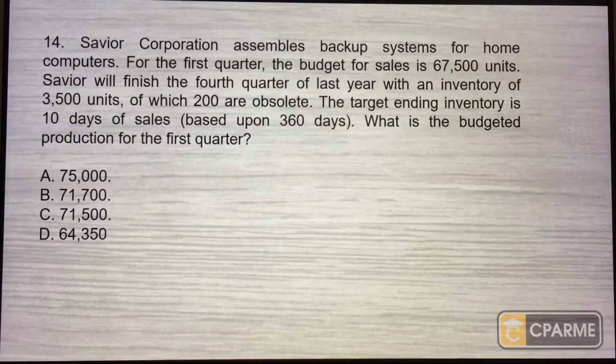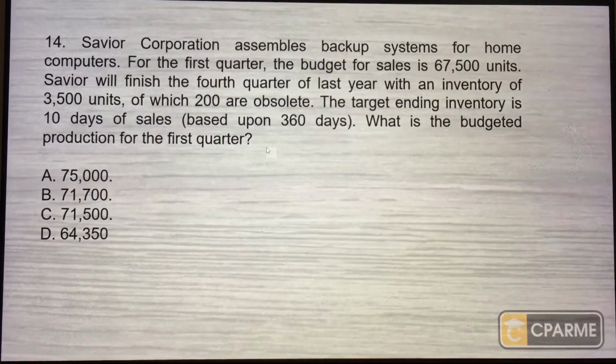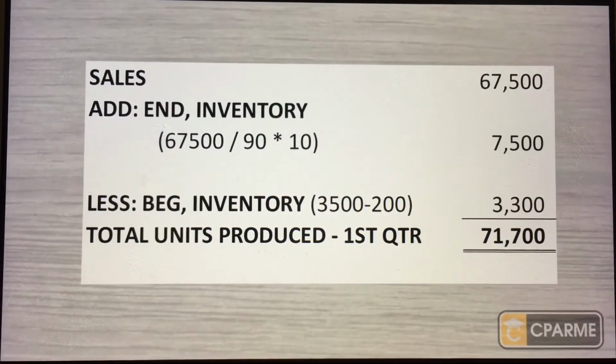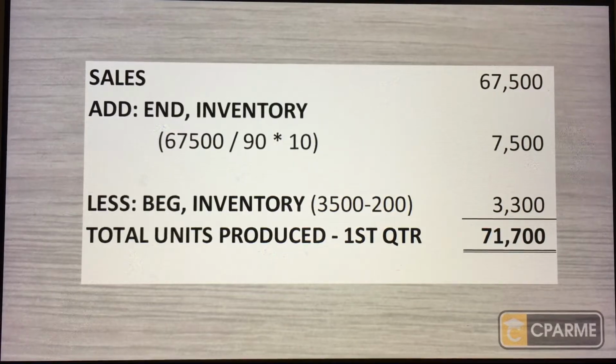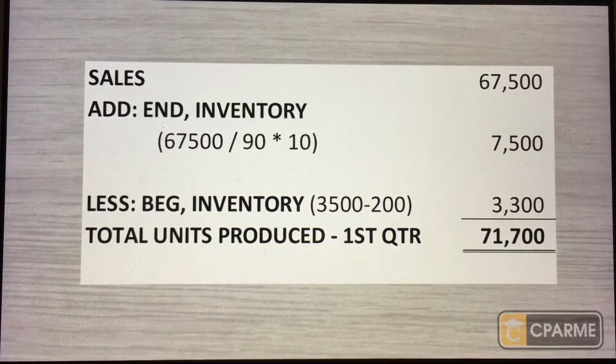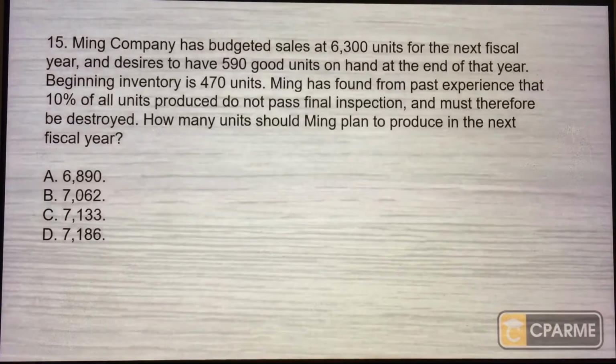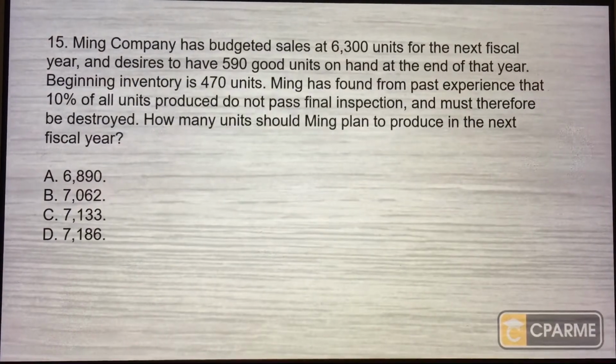Again, we deducted the 200 obsolete units from 3,500 units. So here's the computation: sales 67,500, ending inventory required 7,500, and the beginning inventory, which is 3,300. So the total units produced for the first quarter is 71,700. Okay, let's proceed with the next number.